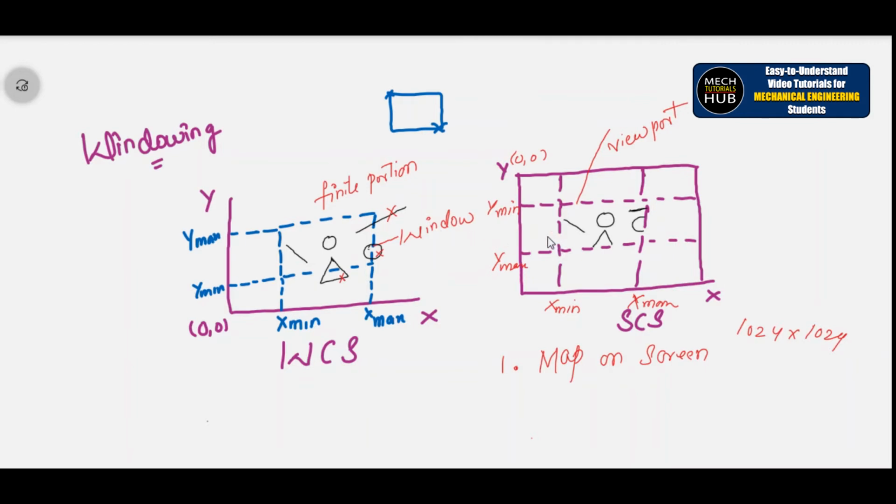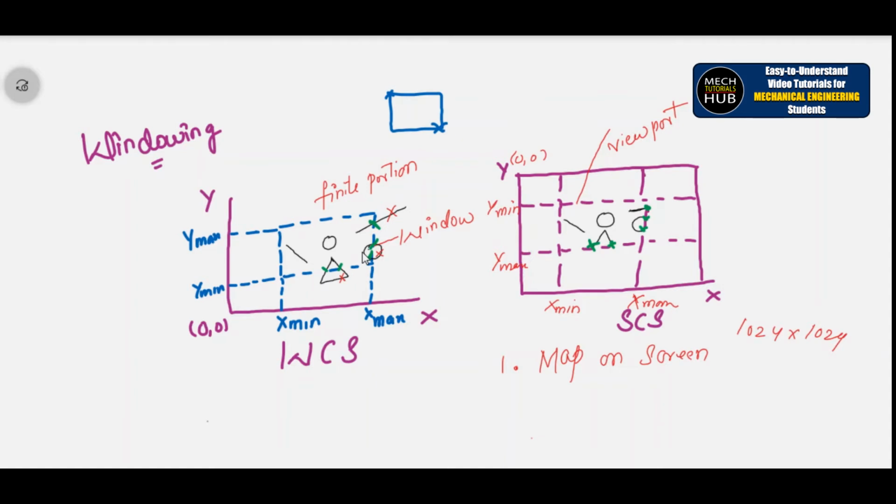Invisible things are disabled completely. So that disabling, or that intersection, we need to know. For example, here this is one intersection, and number 2 happened here. That calculation we'll discuss in clipping. So when the triangle is partially in and out, here it is intersecting with the window, and at this point also it is intersecting with the window.